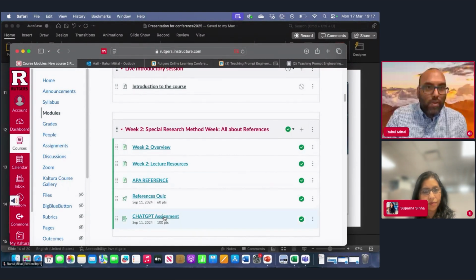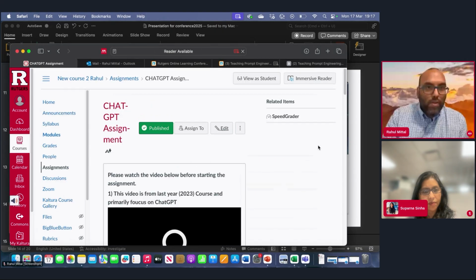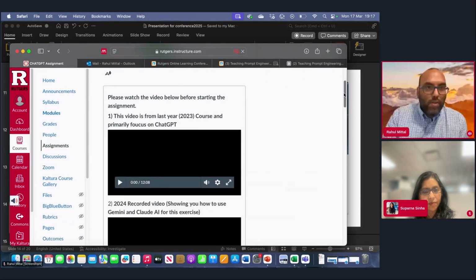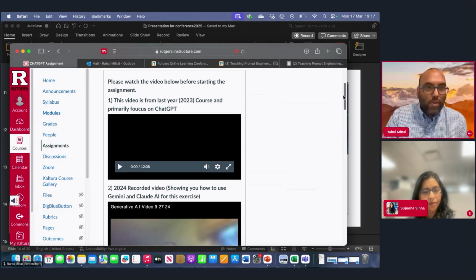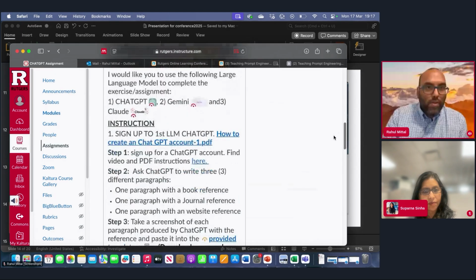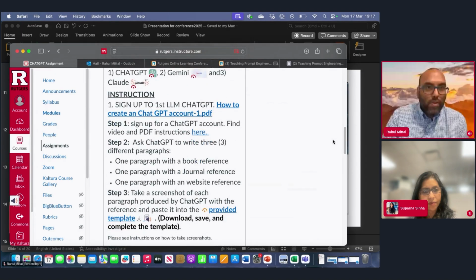This is an example of a ChatGPT assignment where I was going through how to use ChatGPT, Gemini and Claude. We then asked them to use the large language model to write different paragraphs: one with a book reference, one with a journal reference, and one with a website reference.